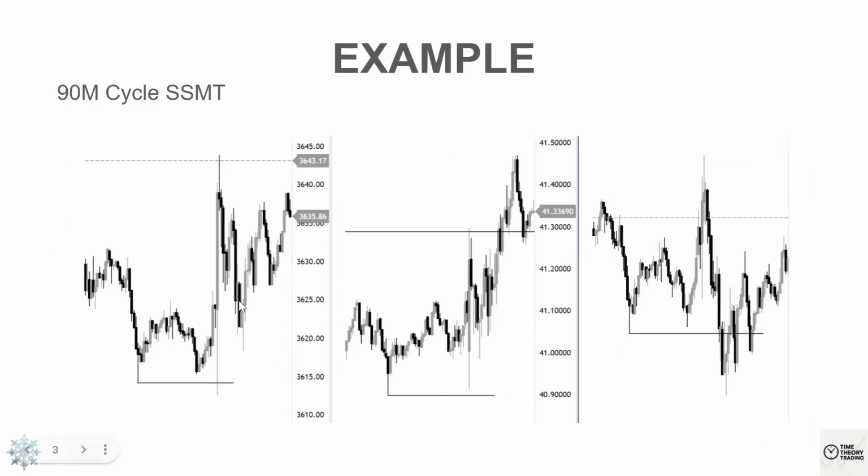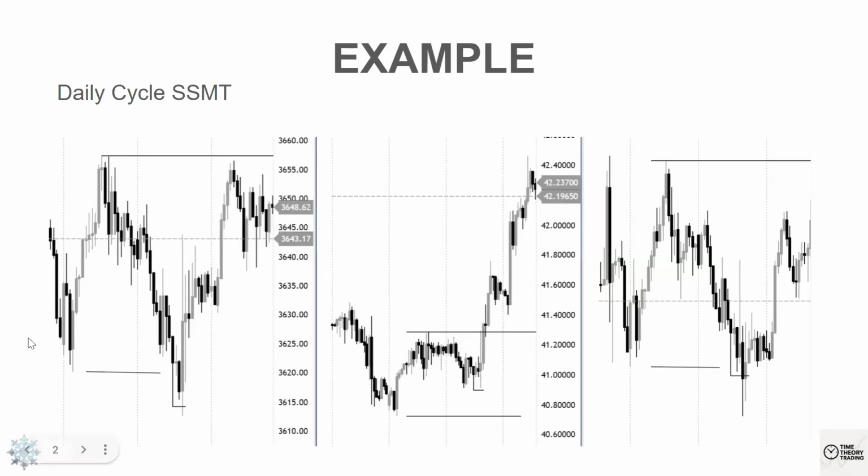When we go to the 90-minute cycle of that same day, we will notice that this is London's low on all three assets. Silver failed again, while the other two assets took the low of London. If we go back a bit, the target for this trade would have been the previous day's high, because we're going from low of previous day to high of previous day.